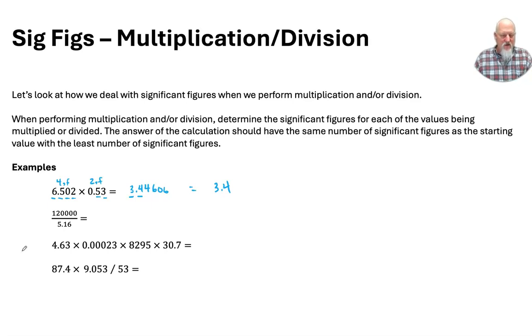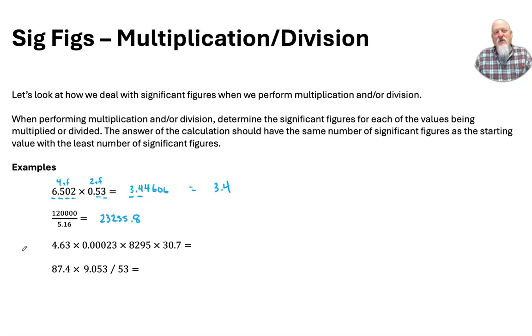120,000 divided by 5.16. So 120,000 divided by 5.16. I get 23,255.8. Okay, same thing.